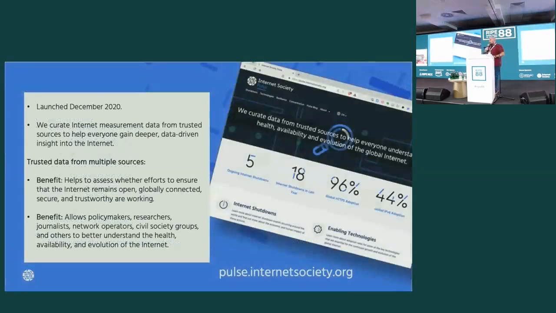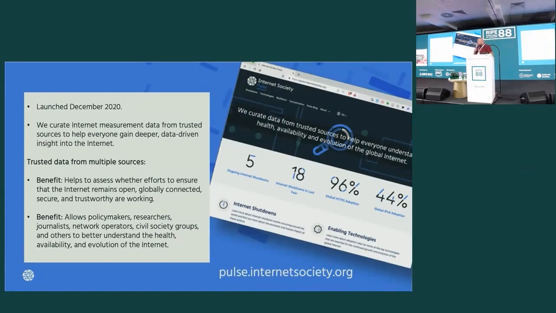So Pulse is a platform that was launched by the Internet Society 4 years ago. And the main purpose of it is to curate Internet measurements and data from reliable resources and make it easy for people to understand and gain deeper understanding about the Internet and its health.